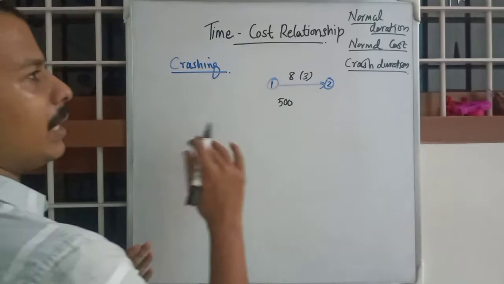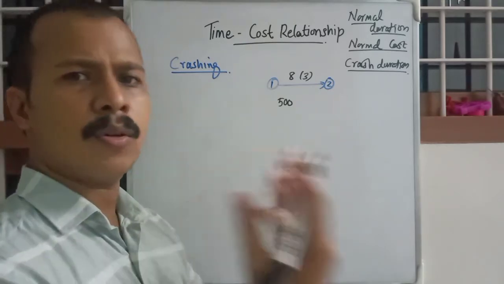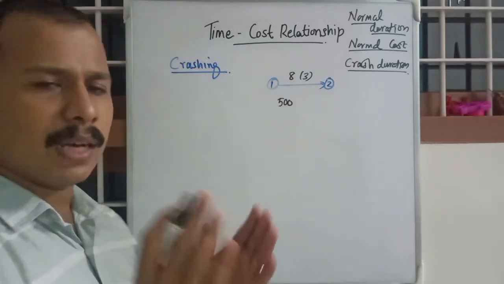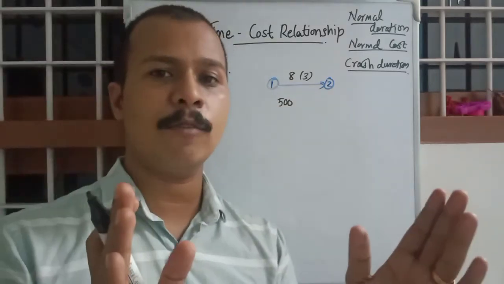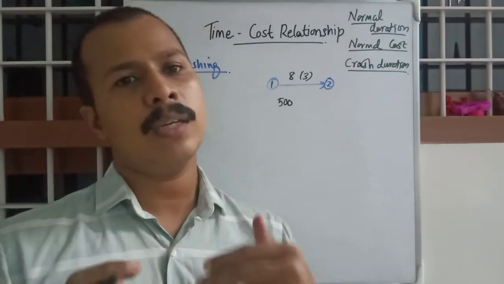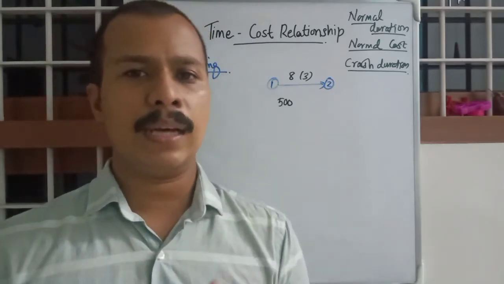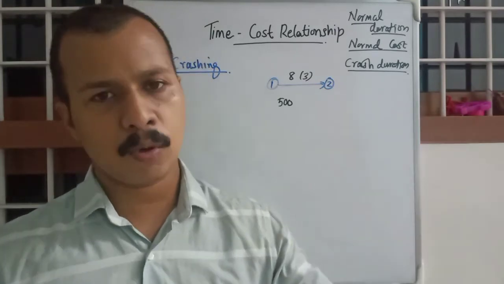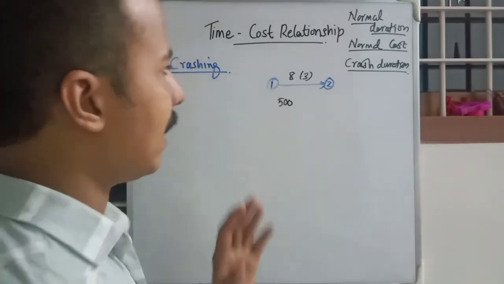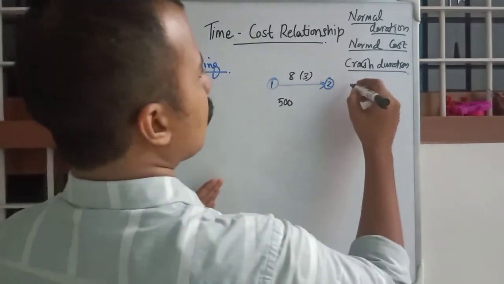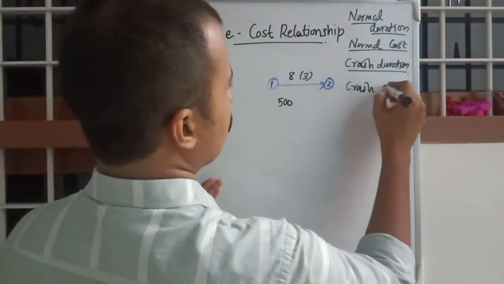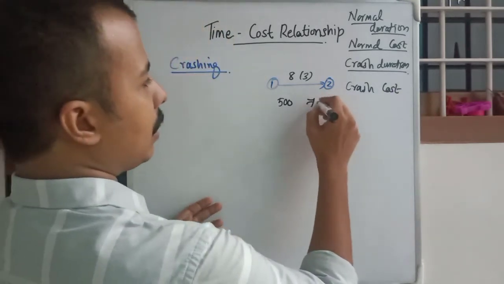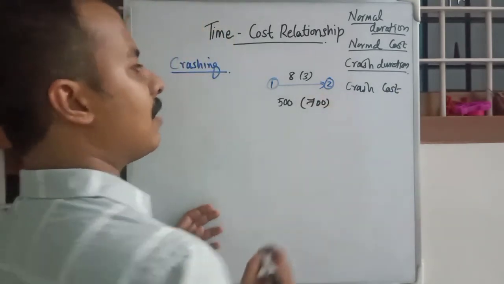So there will be a cost hike, obviously, because we are completing an 8-day work within 3 days. In those 3 days we have to add some things to it. We have to take up some distant laborers or some costly raw materials, etc. So that extra cost will be the crash cost, which can be, suppose, 700.